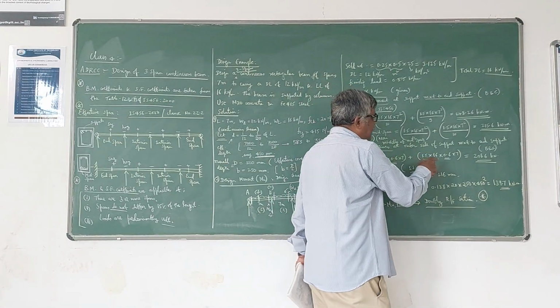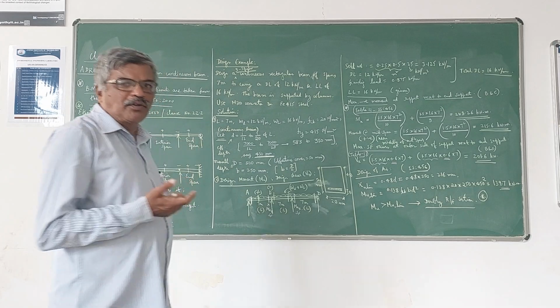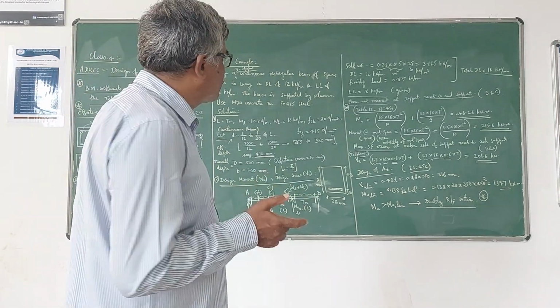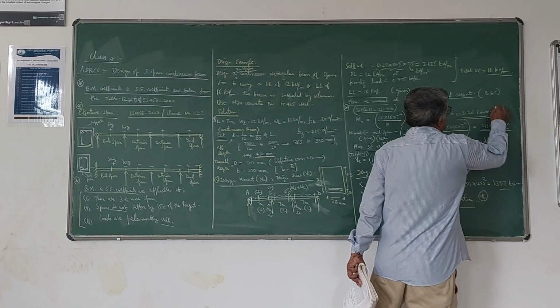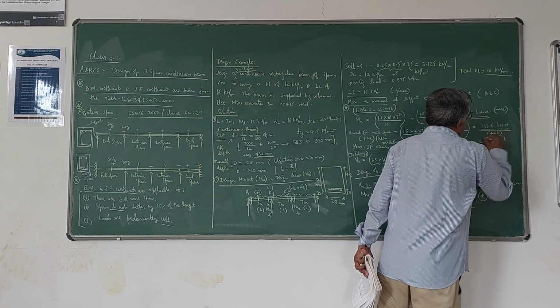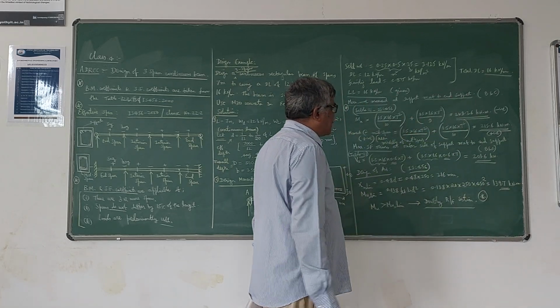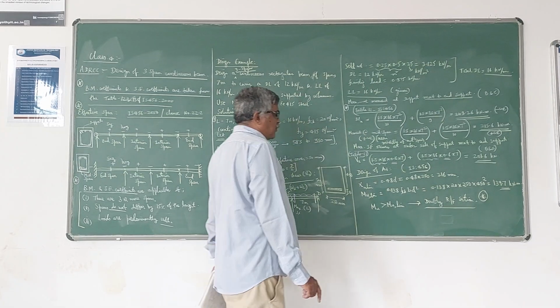If you simplify that, you will get 201.6 kN. That means now you have to design the beam for a maximum negative bending moment of 248.26, a maximum positive bending moment of 215.6, and a maximum shear force of 201.6 kN.